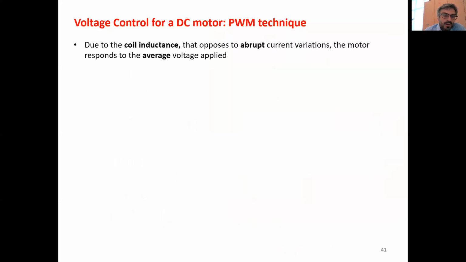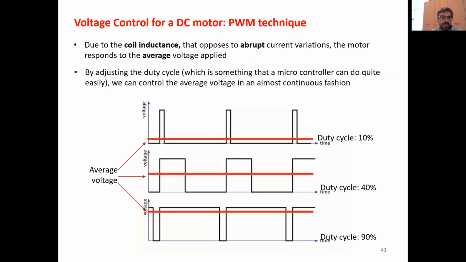And because of this high frequency, and because of the coil inductance, you remember, inductance is a component that opposes abrupt current variation, the motor responds to the average voltage of this square wave.